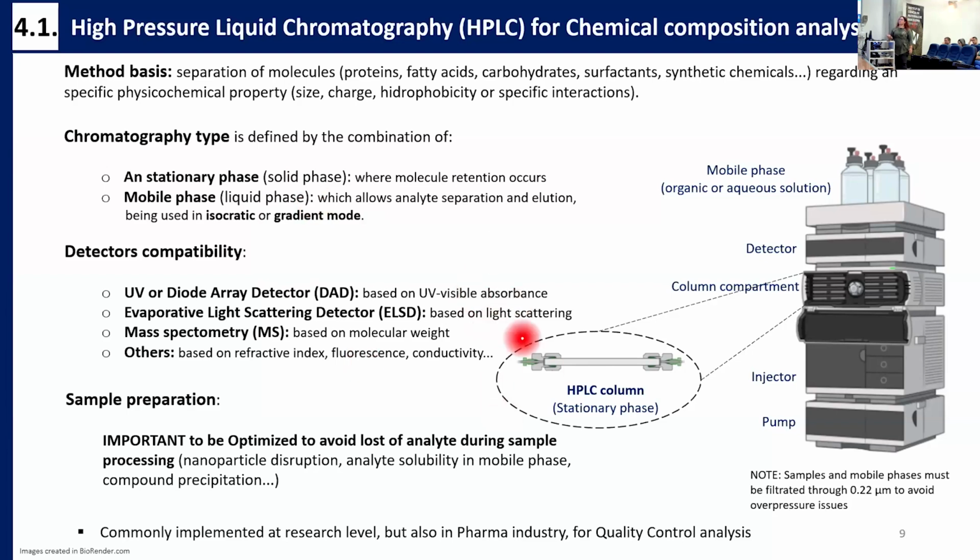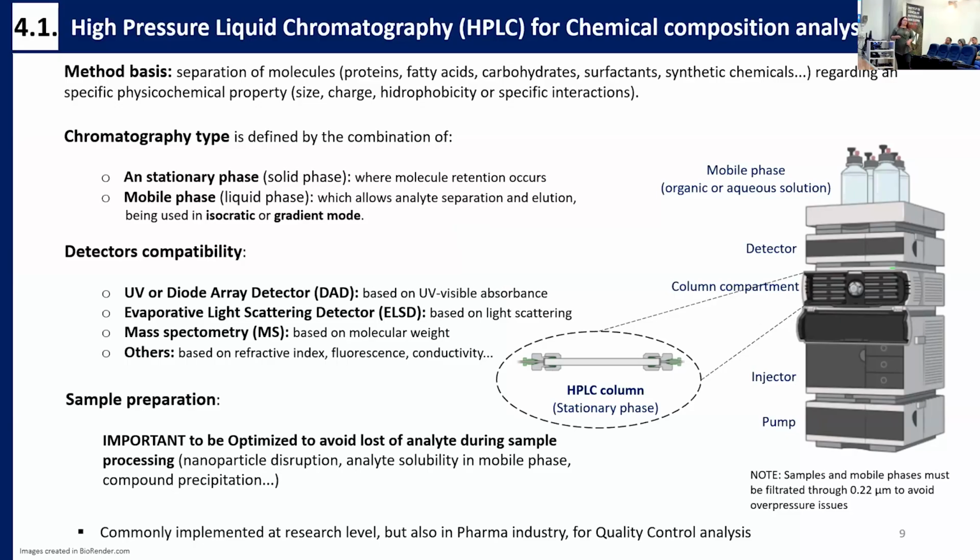That means that we will start with a mobile phase A, for example, that will have a specific composition and will be useful for the retention of the molecules, and then we will use the mobile phase B, or a mixture of more than one, in order to achieve the elution of the retained molecules. So as a general characteristic, this is an example of an HPLC equipment.